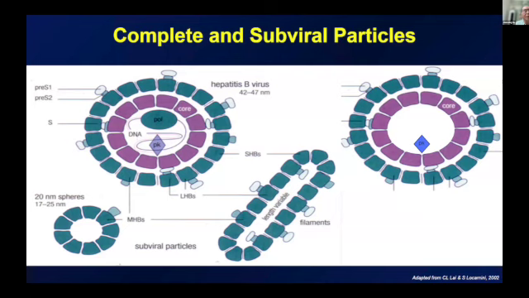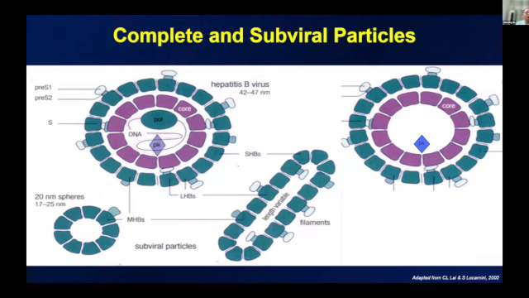Inside the purple layer is the viral capsid, composed of one viral protein, the core protein. Inside is the viral DNA with the viral reverse transcriptase or polymerase attached to it. And also depicted is a protein kinase, or PK, that's incorporated from the host cell into the virion.